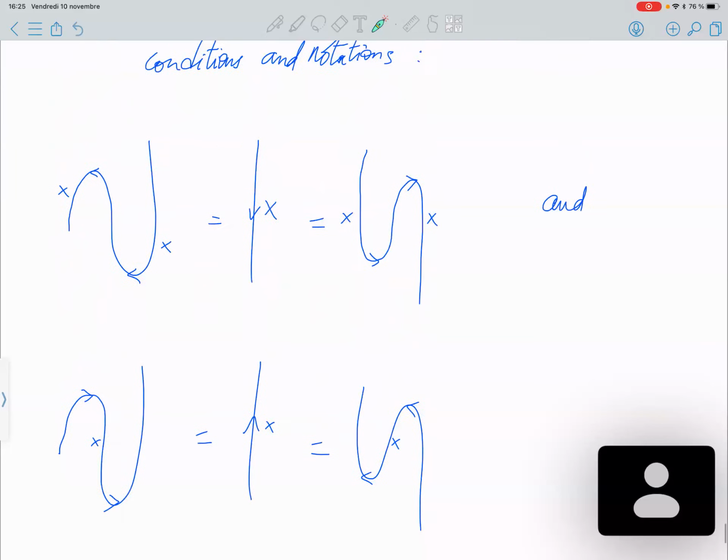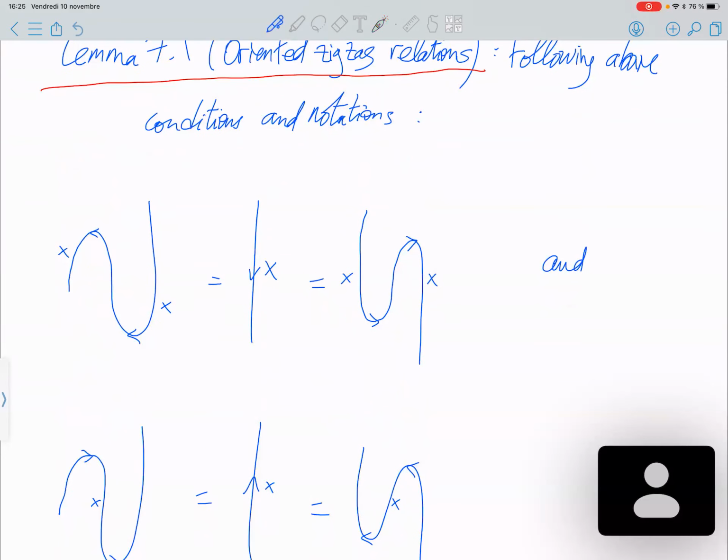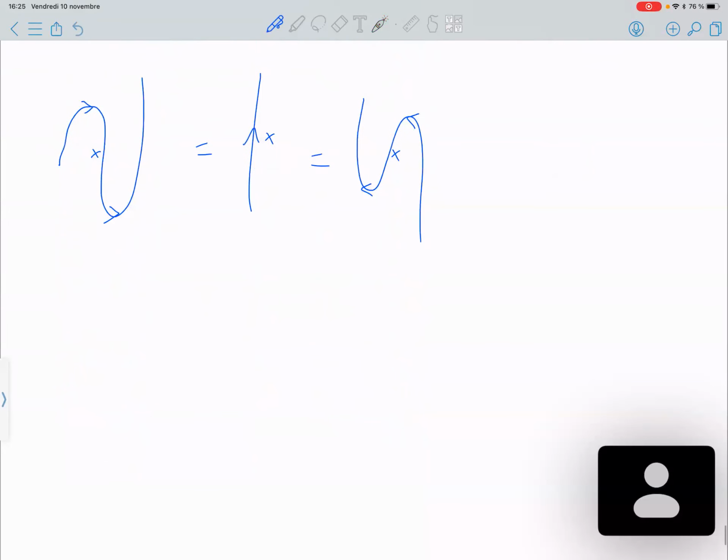And the proof will be straightforward. You just have to write the definition and apply some zigzag relation or simplification.